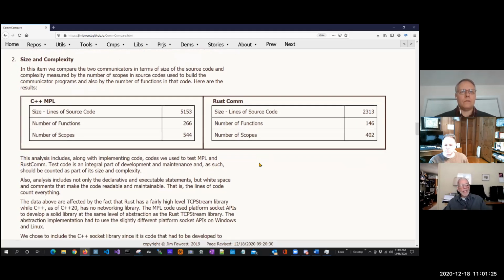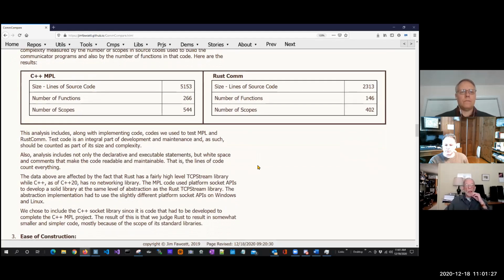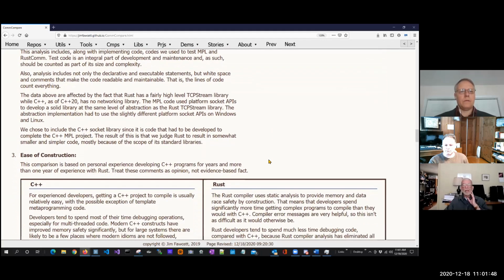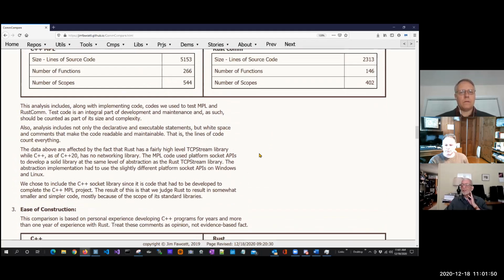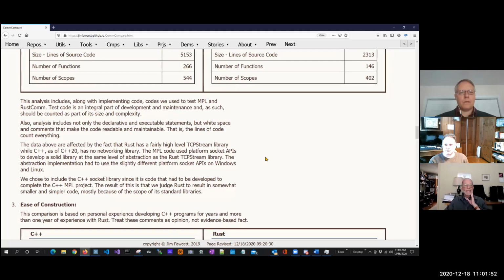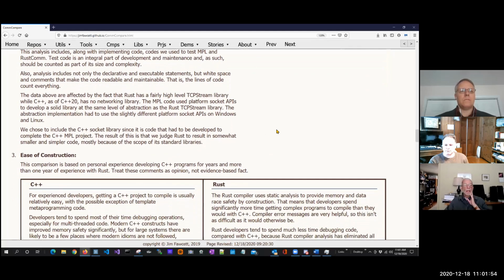So our conclusions were that Rust is slightly simpler, slightly smaller, but again, not enough to be a decision point if you're building production code. They're both great. Those are really, really good numbers in my opinion. I've written a bunch of servers. Mike's written some, and those are good numbers.